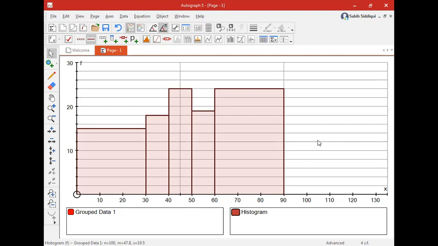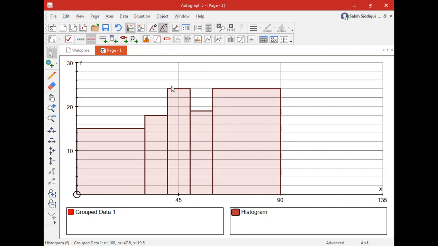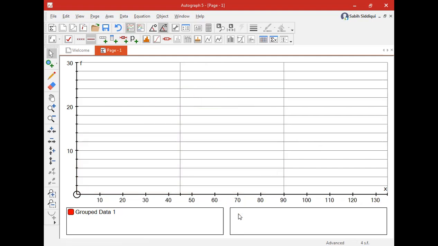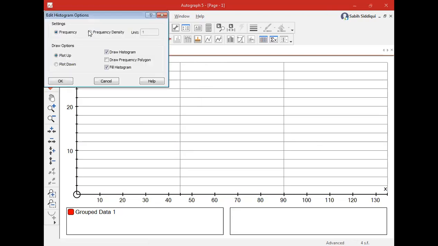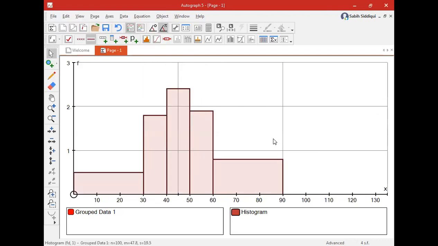But this is a wrong representation of data. It is a flawed representation of data. When you don't have equal class intervals, you should not make a frequency histogram. Is this clear or not? On the other hand, if I would have made a frequency density histogram, much better.